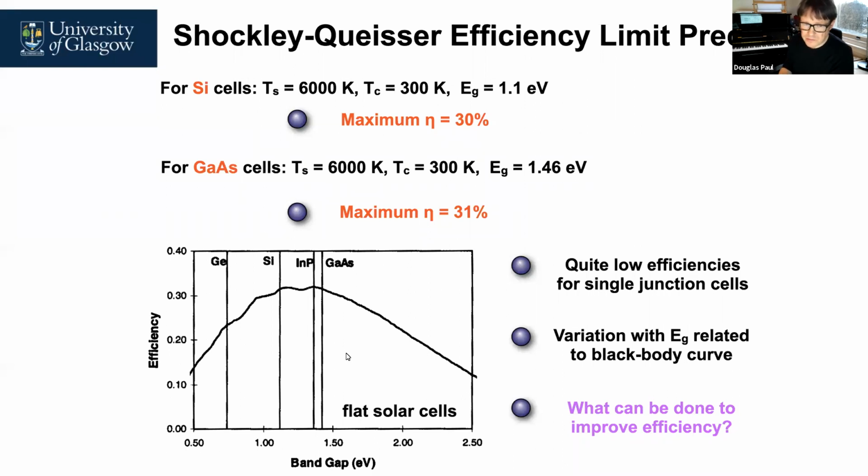And what I'm going to do is show you a number of the tricks you can do, first to get these very high efficiencies that are close to the Shockley-Queisser limit, but also how we can go higher than the Shockley-Queisser limit. So the last part of the lecture, after we have this break, is going to talk about what can we do to improve the efficiency above the 30 to 31% that Shockley-Queisser has defined as a maximum.